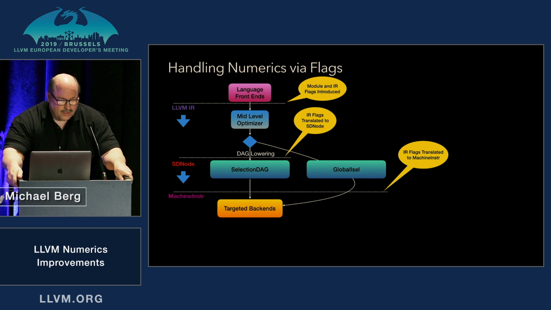Then on to DAG lowering, where they can be mapped into SD node if you're selection DAG, and then at instruction selection time into machine inster. And if you're global ISel, they go directly from instructions to machine inster. And it's worth noting that all three of these components that are managed either via getNode or the builder environments are CSE safe now for flags as well as for instruction IR.